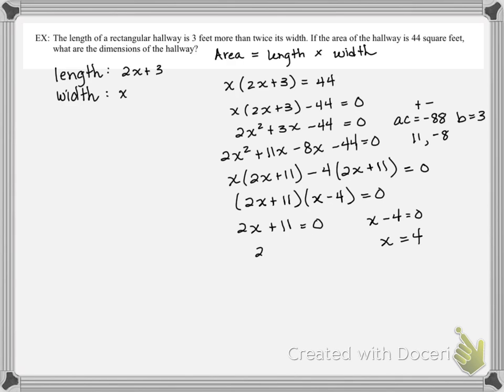I see furrowed brows. Yes. What is the width? 4. Yes. Because the width is not negative 11 halves, right? I've never seen a negative number on a ruler. I don't know about you guys. But length measurements are always positive.